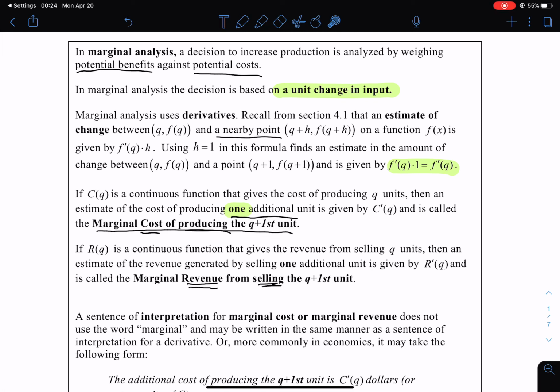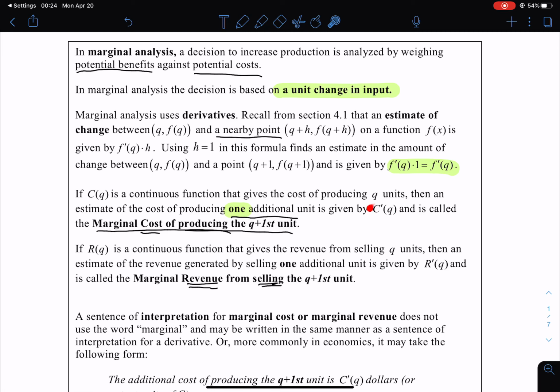So that means the starting point is Q. And then C prime of Q, because we plug in H is 1. So C prime of Q multiplied by 1 is just C prime of Q. So that means the 1 additional unit is given by C prime of Q. And this C prime of Q is called the marginal cost of producing the Q plus first unit.